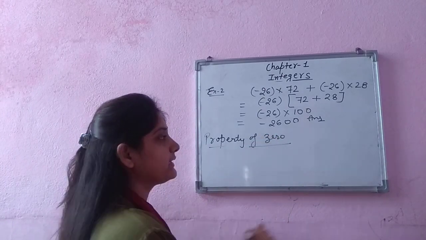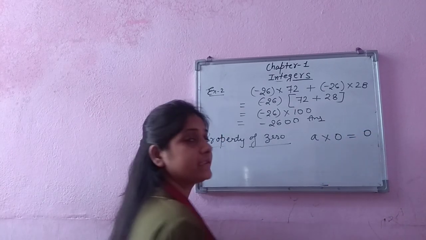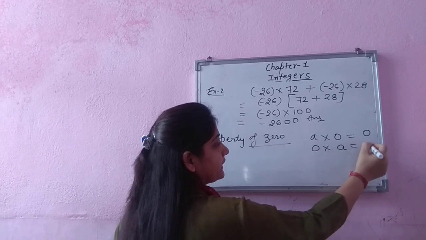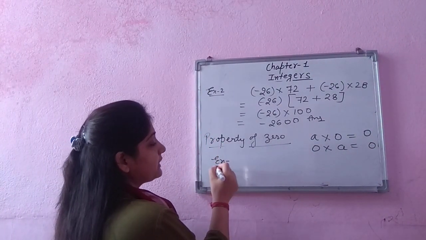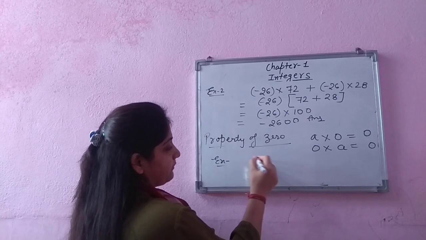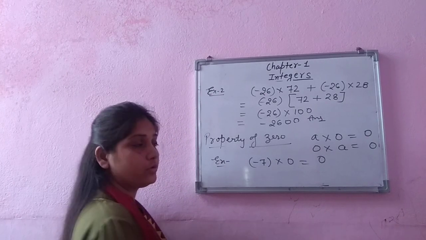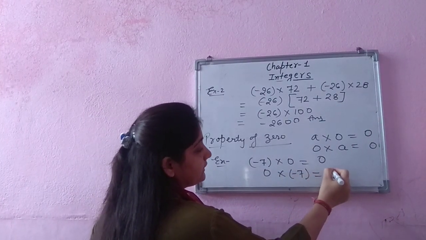So I have an integer a, and if I multiply it with 0, I'll get 0. And if 0 is multiplied with that integer, again I will get 0. We can take any example for this. I have minus 7 multiplied with 0. I'll get 0. And if 0 is multiplied with negative 7, again I'll get 0.